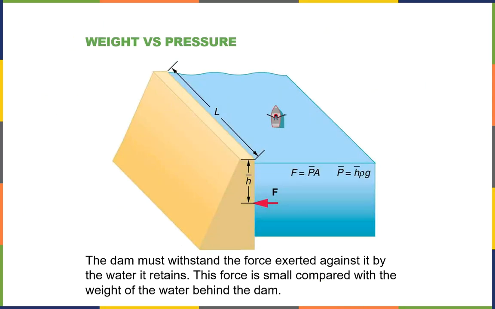Weight versus pressure. This is a, let's say, philosophical question. It's not one we're going to do a calculation on, but it's something important. If you have a dam and you have a small little lake that's 20 feet deep and goes back 20 feet, you put a dam up there, strong enough to hold that.